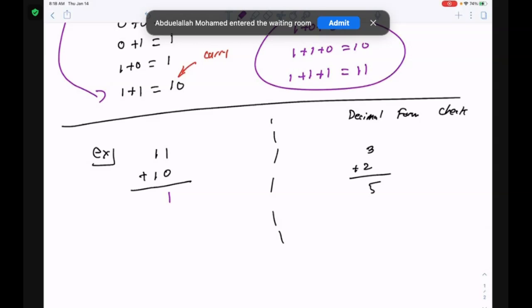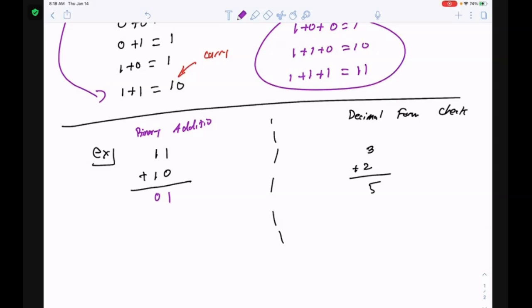We're doing binary. It's 10. So it's 0, carry the 1 over to the next spot. And since there's nothing else to add, I get 1. So 1, 1 plus 1, 0 gives me 1, 0, 1.